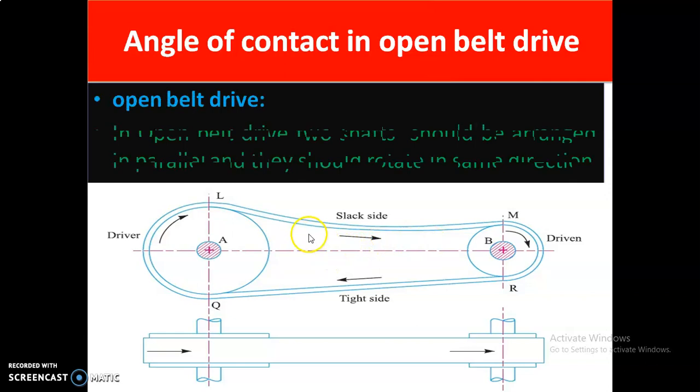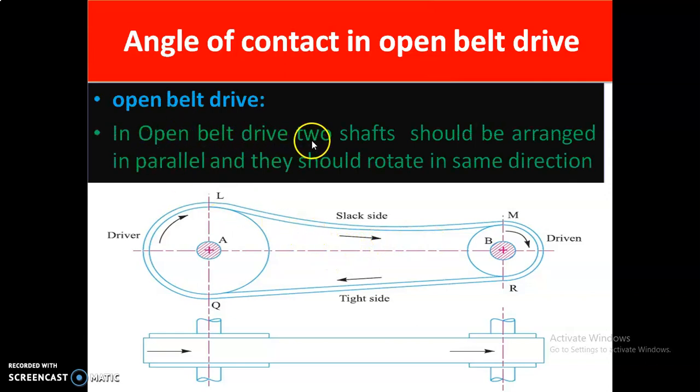Whenever the belt passes over these two pulleys, the lower side belt will be in tight position and the upper side belt will be in slack position. So this is about open belt drive.